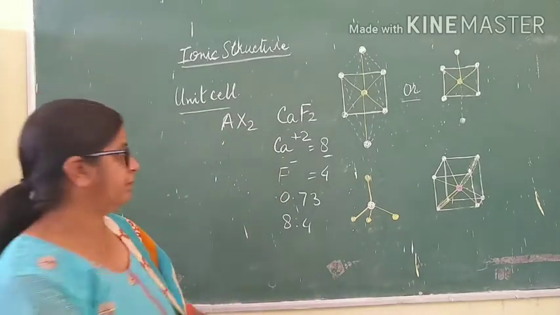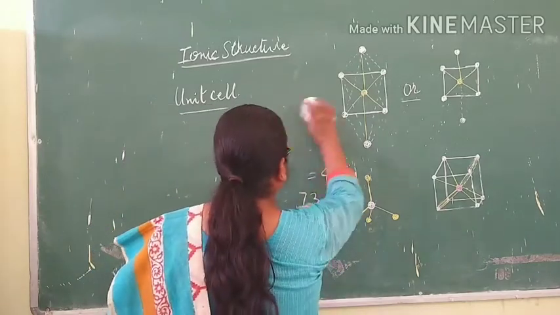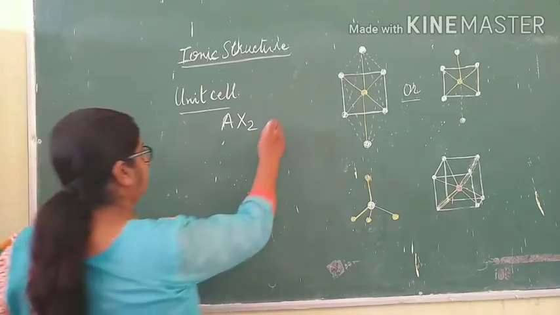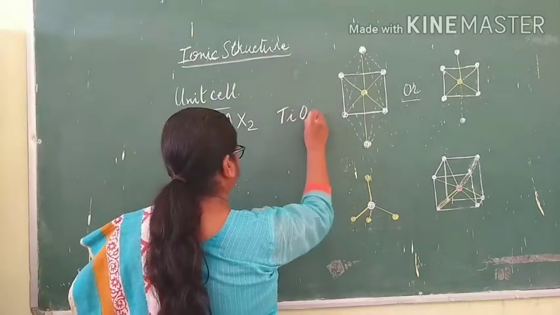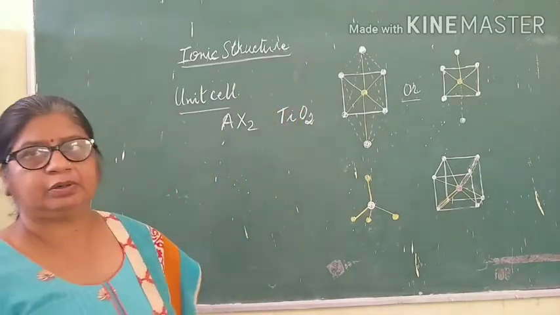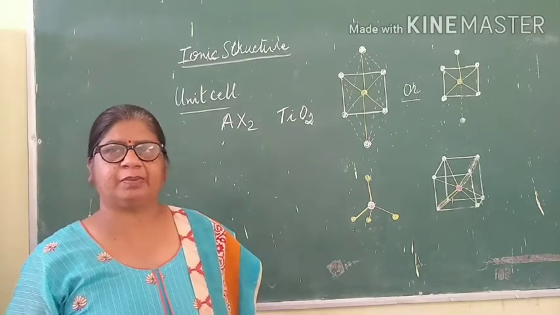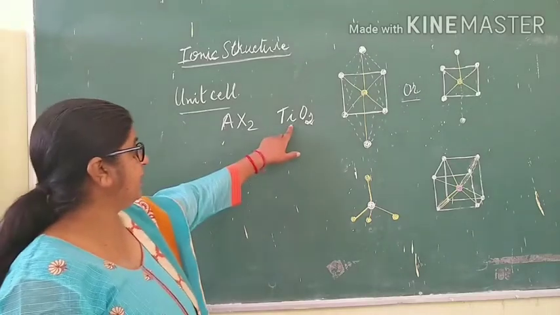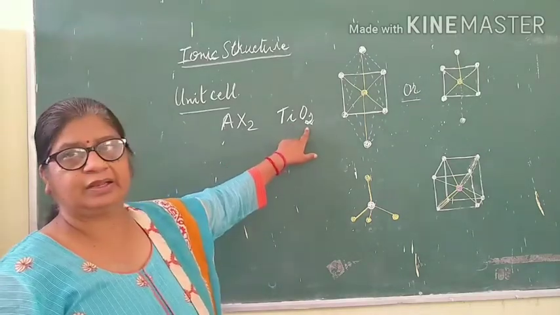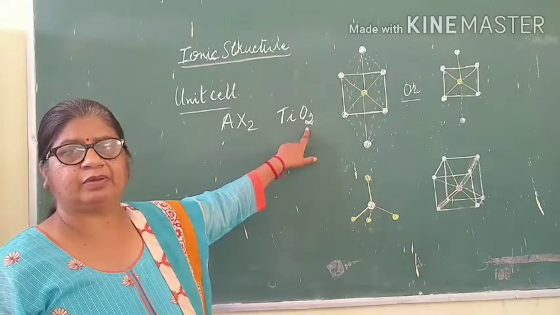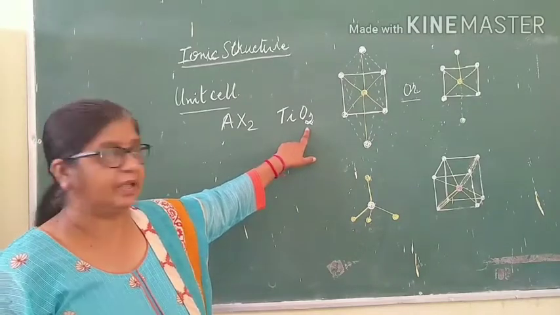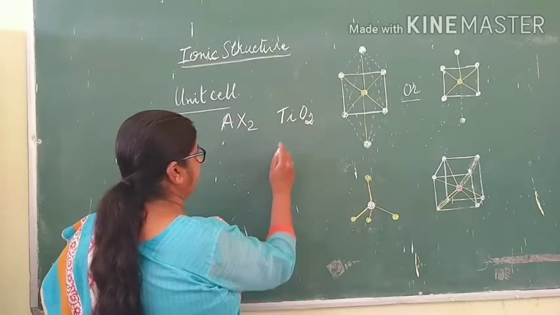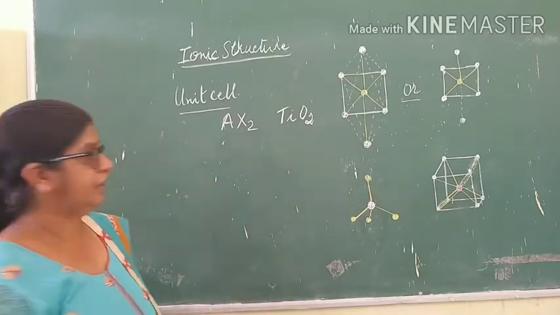In the titanium oxide, that is TiO2, molecule, the coordination number for titanium is double the coordination number of oxide. Here, 6 oxide ions are surrounding a titanium ion.